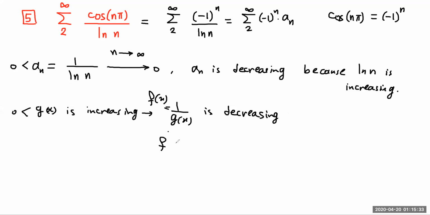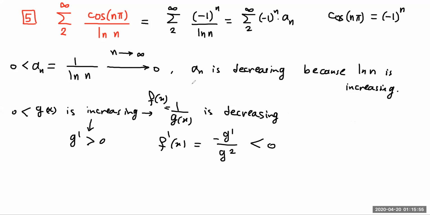Because what is f'(x)? It's minus j'(x) over j(x) squared. But j'(x) is positive because j is increasing. So this term will be negative. So here we can say that ln n is an increasing function, so 1 over ln n is a decreasing function.